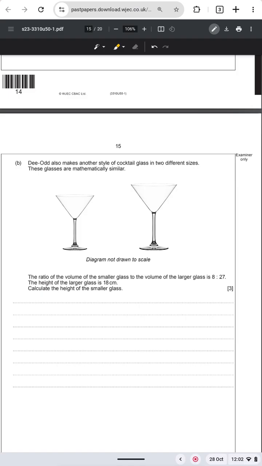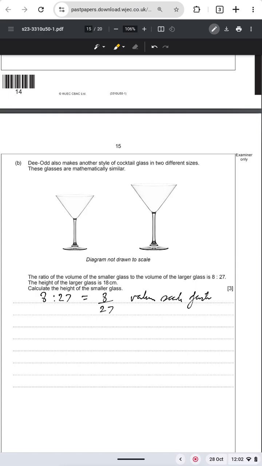Okay, so we've got this 8 to 27, which can be written as 8 over 27. So this is the volume scaling factor. We need to find the length scaling factor.